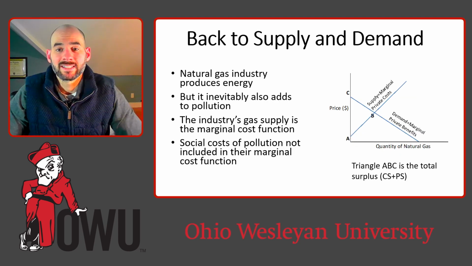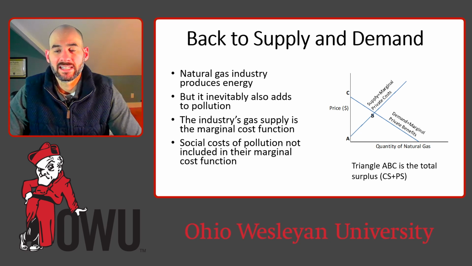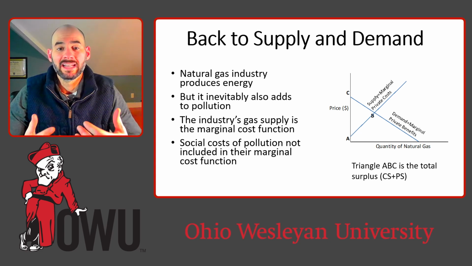So we're going to head back to the supply and demand graphs for a couple of slides here, and we can think about an example of how we can view inefficiencies in the supply and demand framework. Let's think of a natural gas industry producing energy, but also necessarily by the production of energy creating pollution as well.